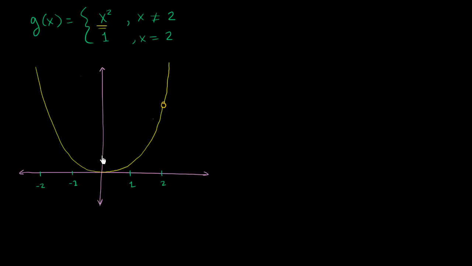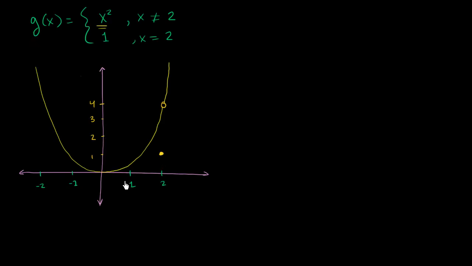I'm not doing them on the same scale, but on the graph of f of x is equal to x squared, this would be 4, this would be 2, this would be 1, this would be 3. So when x is equal to 2, our function is equal to 1.